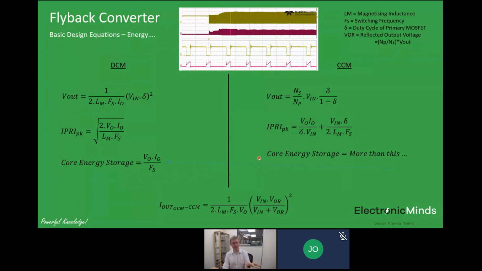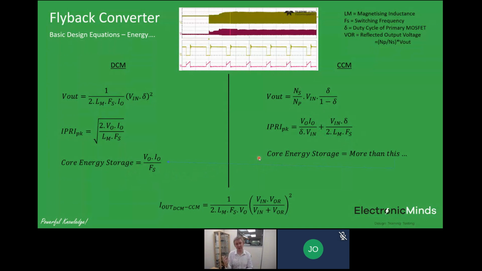There's a transition between the two. We actually ran this webinar this morning, and we got a question from one of the participants: will it not always transition from DCM to CCM at a certain load point? And the answer is yes. There's always going to be a load current for any given design at which point the design will enter CCM operation. The key thing is whether you actually want that to happen or not.